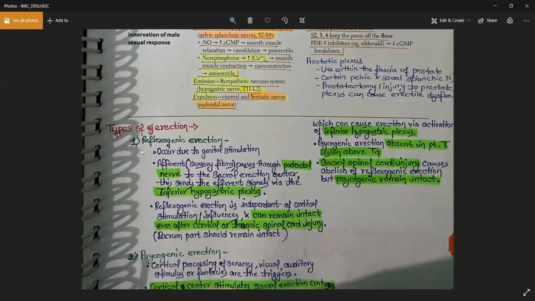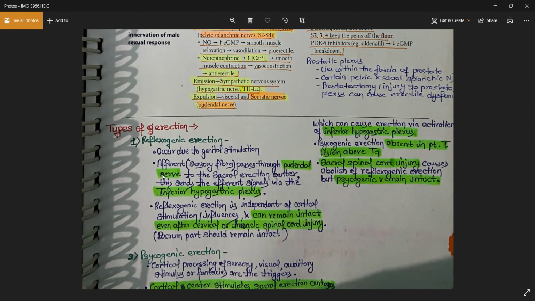Now you have two types of erections. One is the reflexogenic erection, and second is the psychogenic erection. The reflexogenic erection occurs whenever you get genital stimulation. And you have two limbs, the afferent limb and the efferent limb. The afferent limb, which is sensory, and the efferent limb, which is motor. Afferent limb, that means sensory inputs, is taken up by the pudendal nerve.